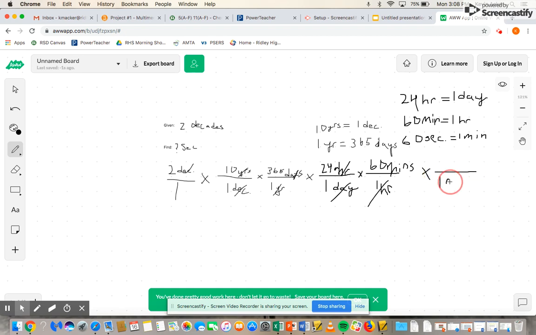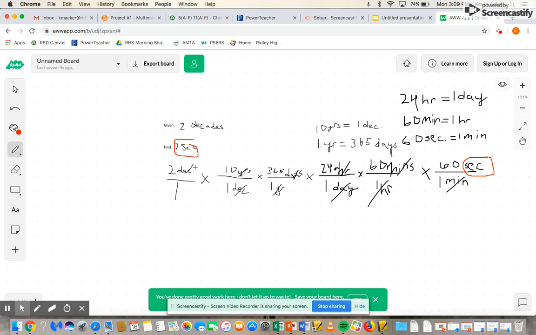So we're going to put the 1 minute down here and this 60 seconds on top. All right, so lastly, minutes cancel out and we're left with our desired unit, which is seconds. So the only unit we have remaining is seconds, where we were supposed to be.